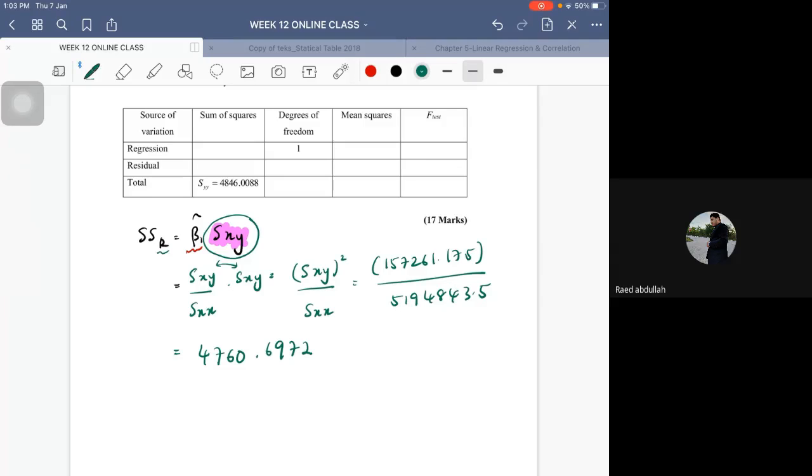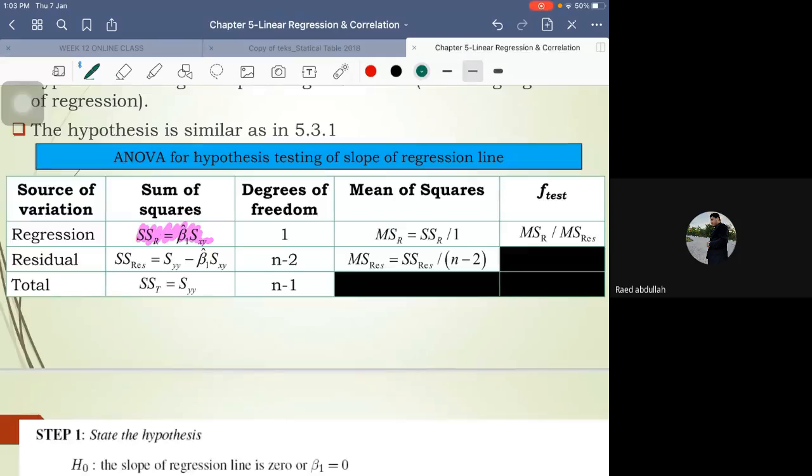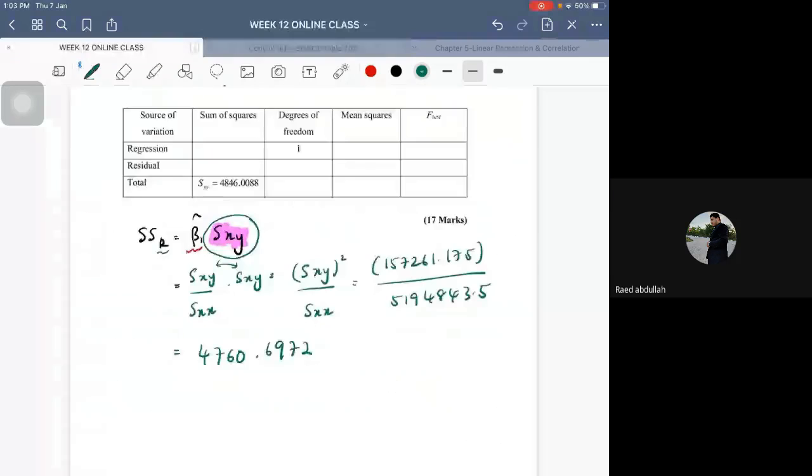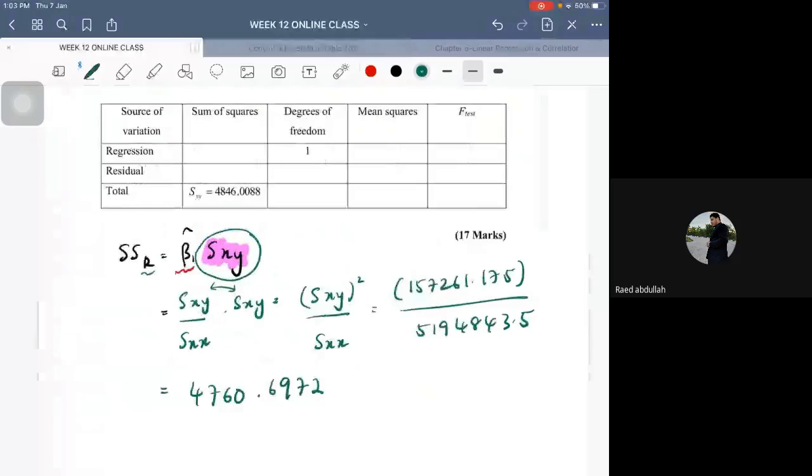Sorry, R over here does not stand for residual, but for regression. So this is our formula, SSR stands for regression. So now I can substitute right here. In my first column, the sum square is going to be 4760.6972.